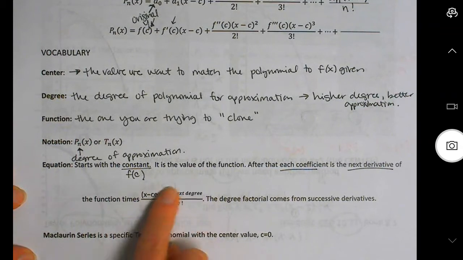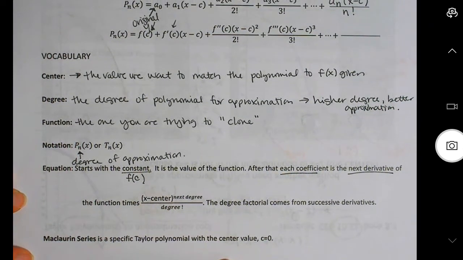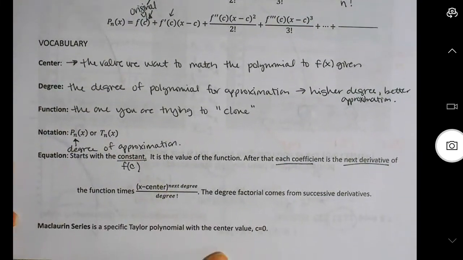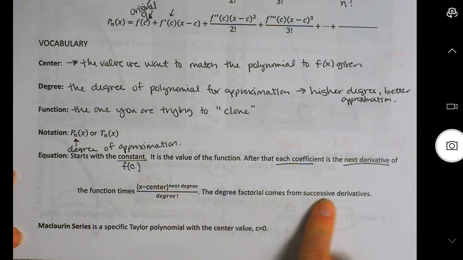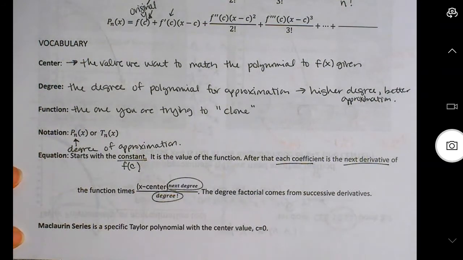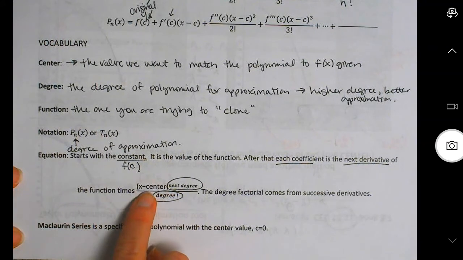I don't know why I wrote it out like this. But if you get the value, the way that it's written up here in these two examples, you're good to go. The degree factorial comes from successive derivatives. So the degree matches the number on the bottom. But this part, x minus center, stays the same all the way through.